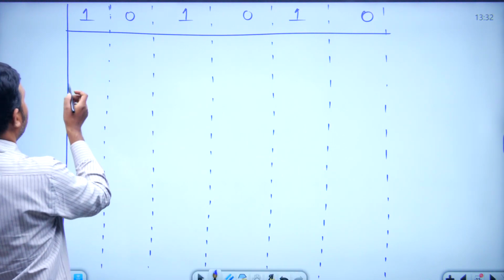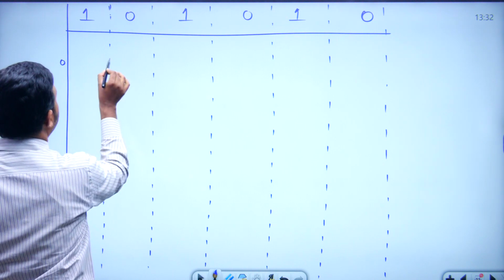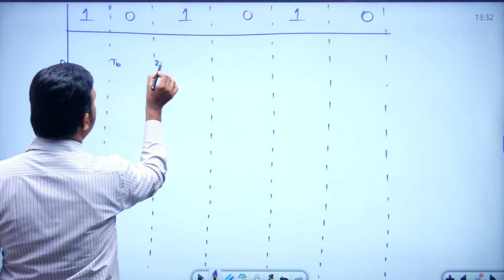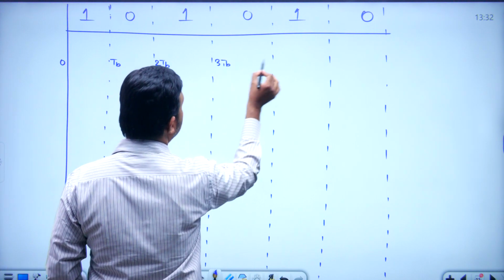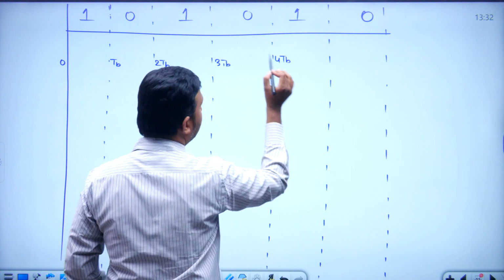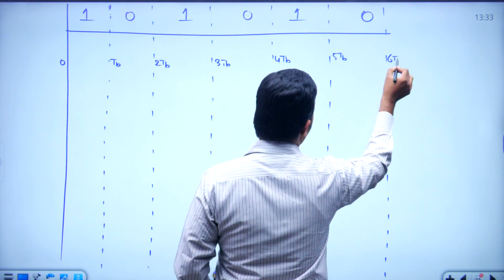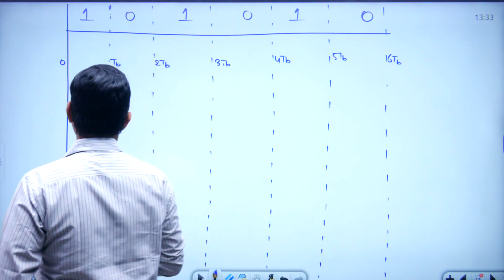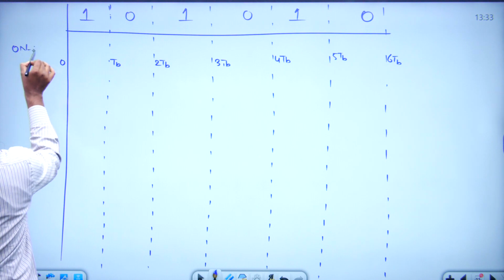This is 0, this is TB, 2 TB, 3 TB, 4 TB, 5 TB, 6 TB. Now the first scheme I am going to use is on off.